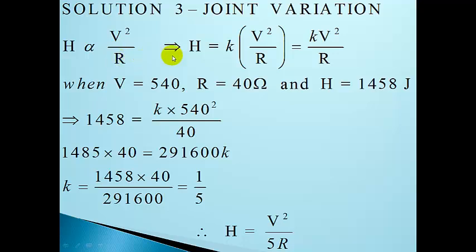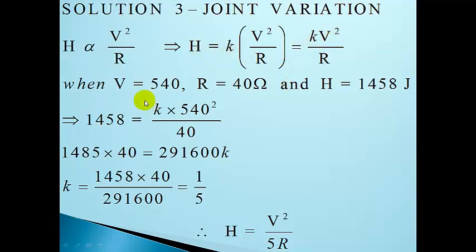Now when we introduce our constant of proportionality, our variation sign now changes to equal to. So we have H equals K times V squared over R. Now K times V squared will give us KV squared divided by R. So H is equal to KV squared over R.